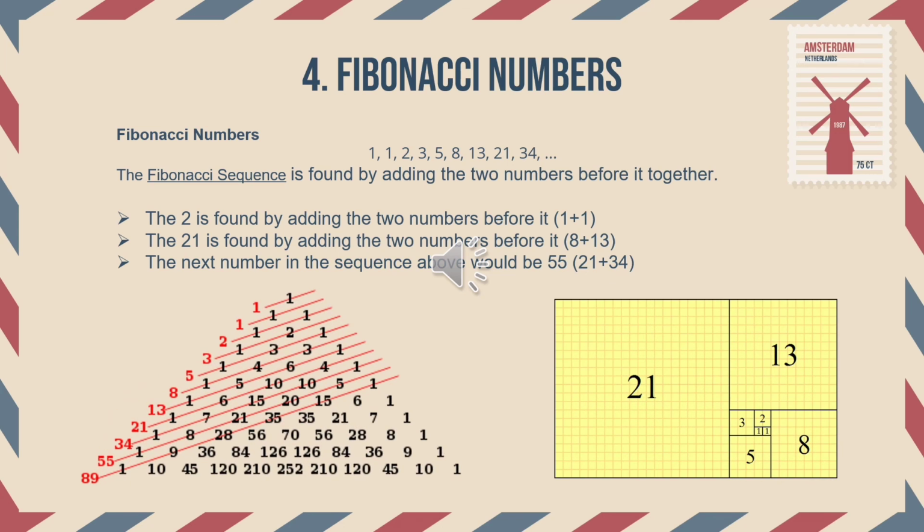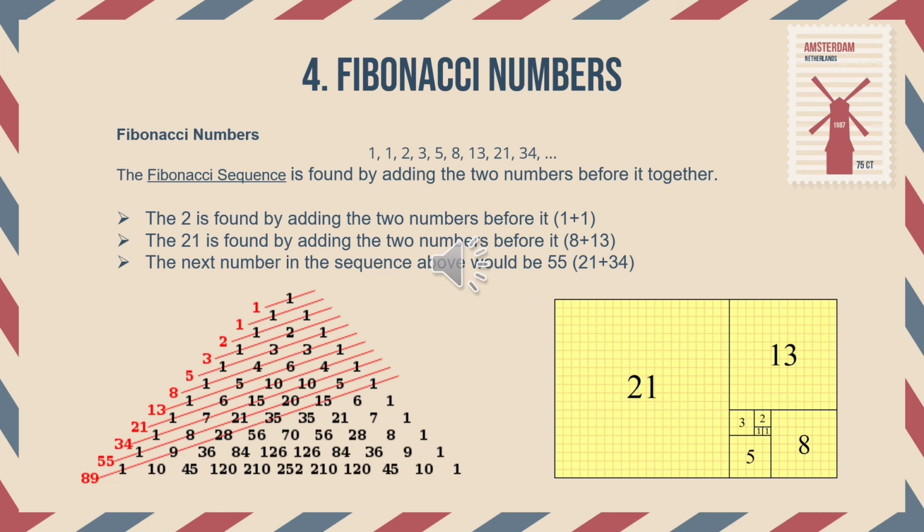Fourth, Fibonacci numbers. Fibonacci numbers like 1, 1, 2, 3, 5, 8, 13, 21, 34. The Fibonacci sequence is found by adding the two numbers before it together. The 2 is found by adding the two numbers before it: 1 plus 1 is 2.